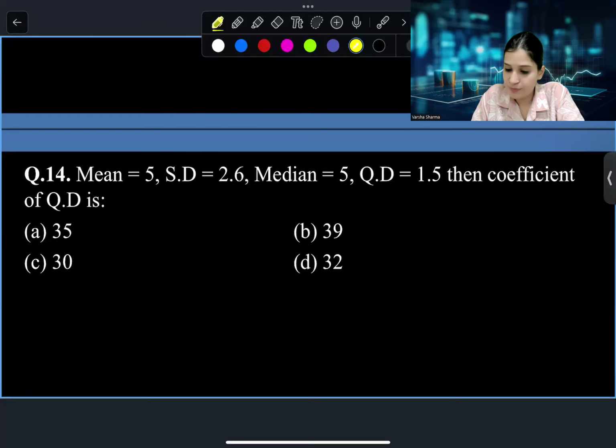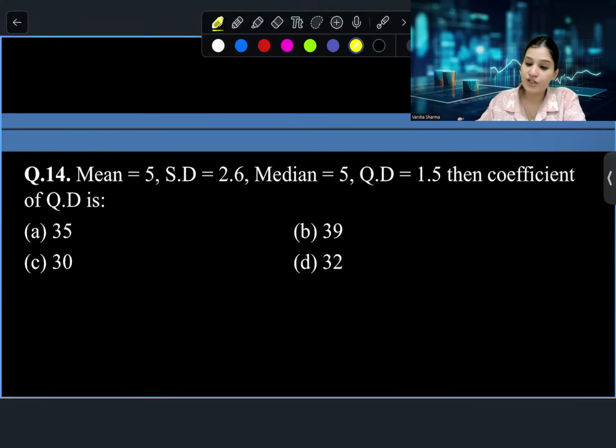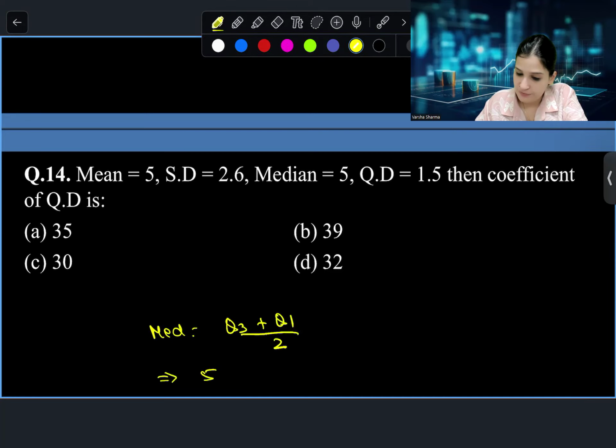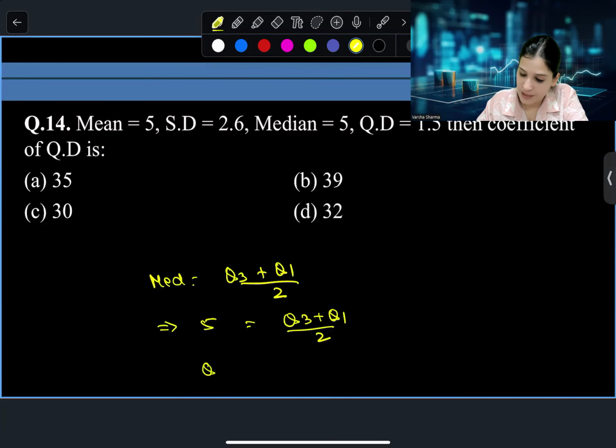Mean, standard deviation, median, quartile deviation, coefficient of quartile deviation. The median is (Q3 plus Q1) by 2. The median is 5. So Q3 plus Q1 is 10. Quartile deviation is (Q3 minus Q1) by 2.